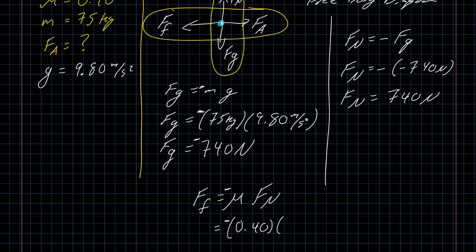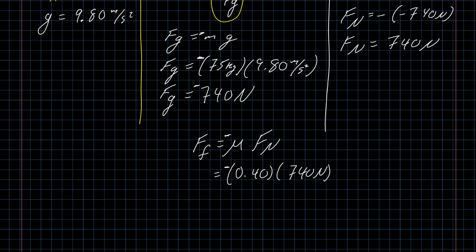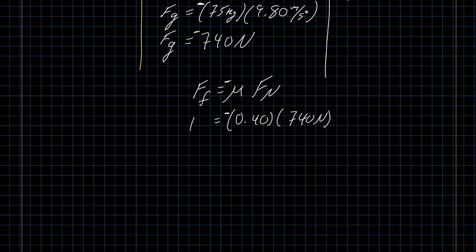And I just calculated that Fn is 740 newtons. My calculator tells me when I multiply those together, I get 296. But again, just two significant digits here, so I guess that's going to be 300 newtons, with that zero being significant.